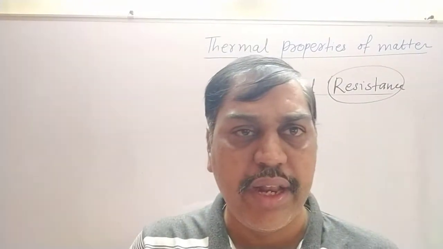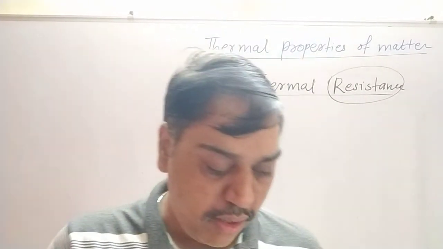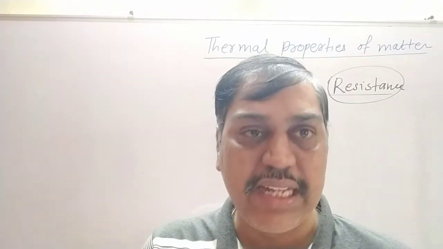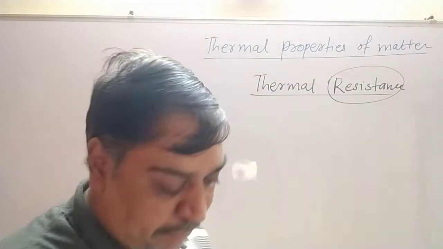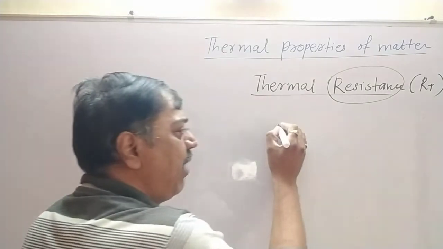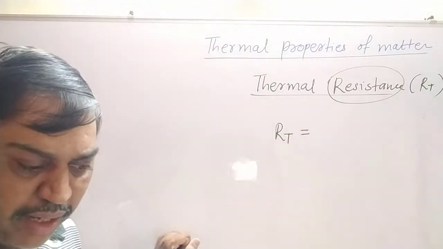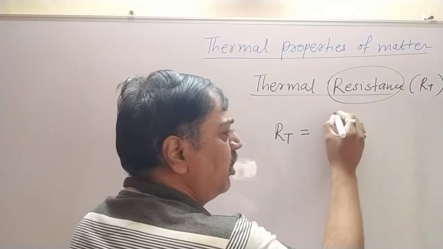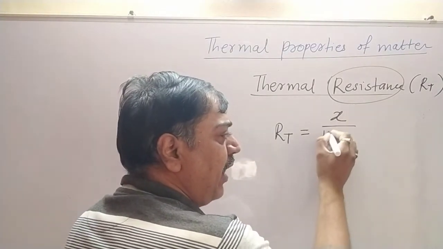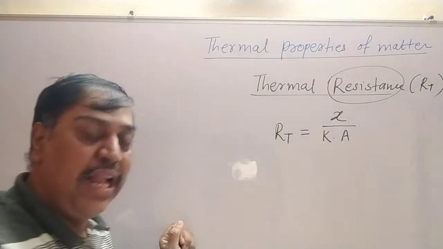We are not going into detail on this topic; you just have to remember one equation they have given on the next page, page number 136, left hand side at the bottom. They have represented thermal resistance by RT, and the value of RT is equal to the distance between the two faces divided by the coefficient of thermal conductivity into the area.